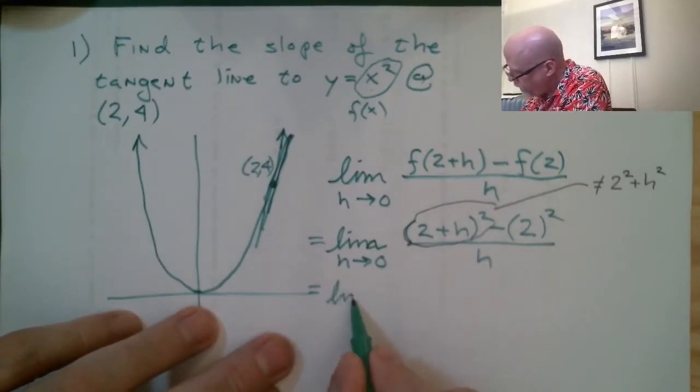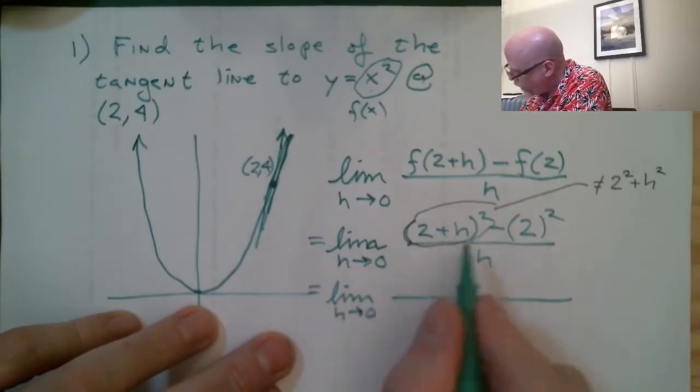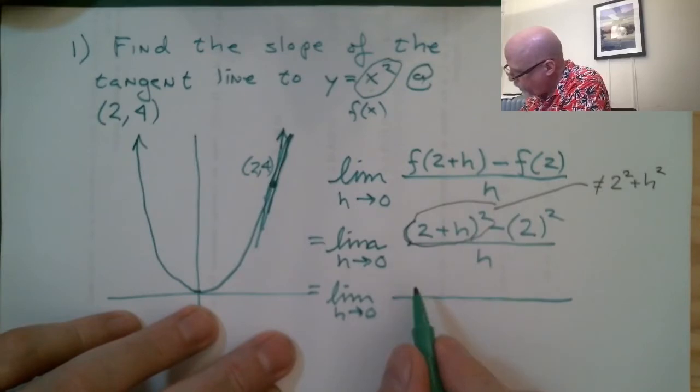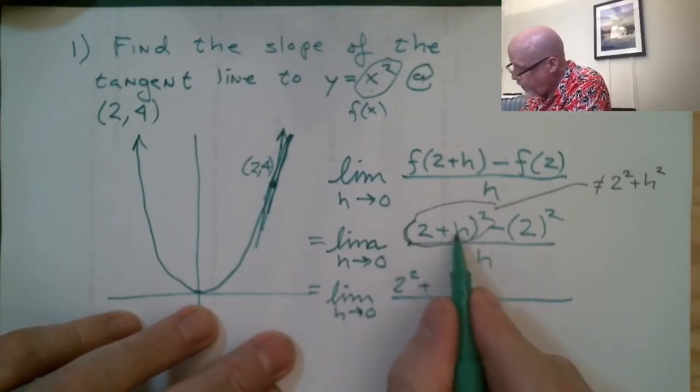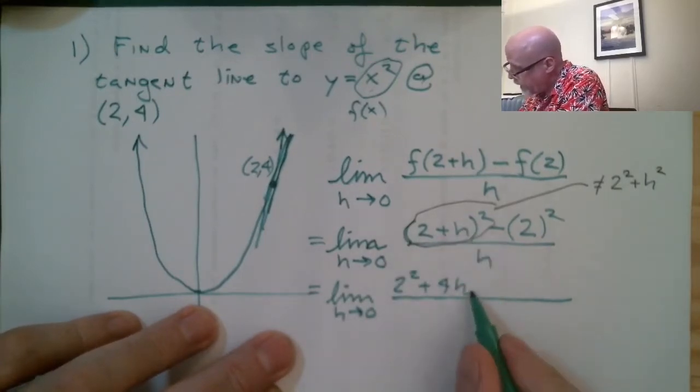So let's do that out. The hard part in this is just squaring 2 plus h. So first times first gets us 2 squared. Outer times outer is 2h, and inner times inner is also 2h. So that's a total of 4 h's. And last times last is h squared.